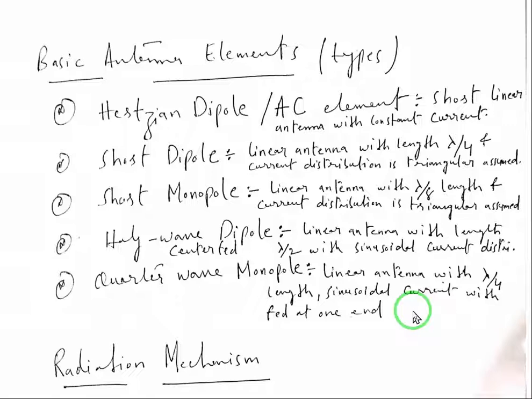It also has a sinusoidal current distribution, and it's fed from one end, which is the end above the ground. So these are the antenna elements in order to categorize the antenna.